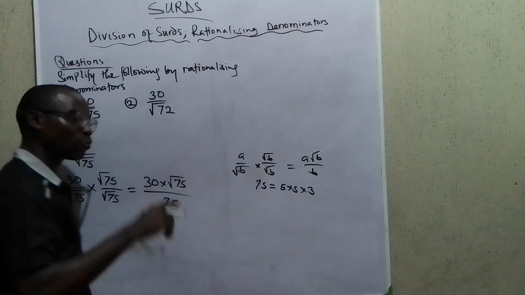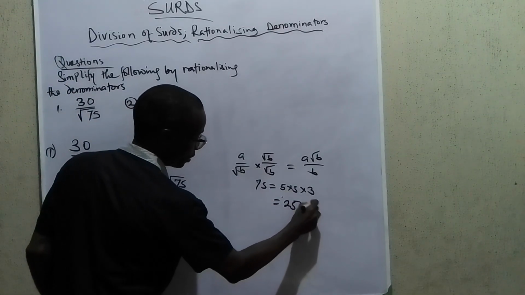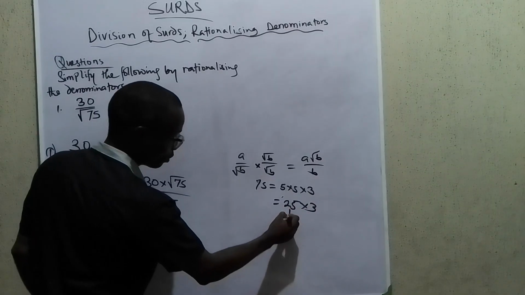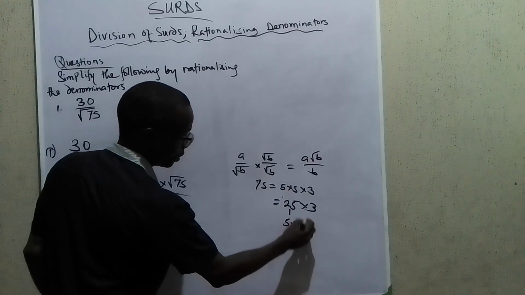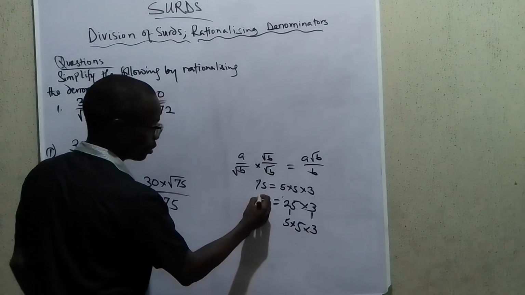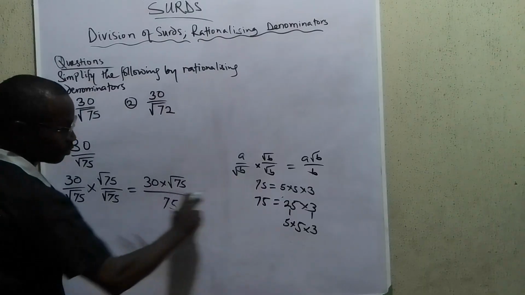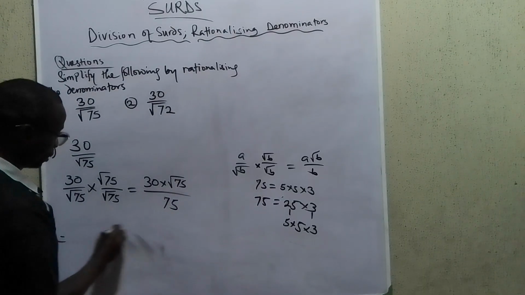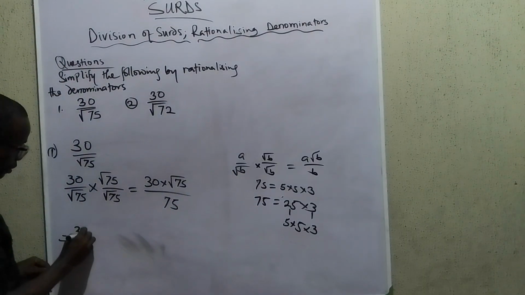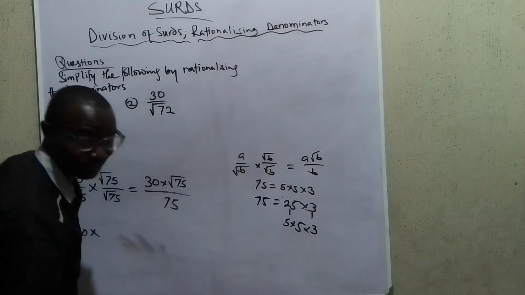Or let me even start again. What is 75? 75 is actually 25 times 3. And what is 25? 25 is 5 times 5, and then times 3. So that's what 75 is. Let's pick it here first. It becomes 30 times, should I use this or this? Both of them are correct.